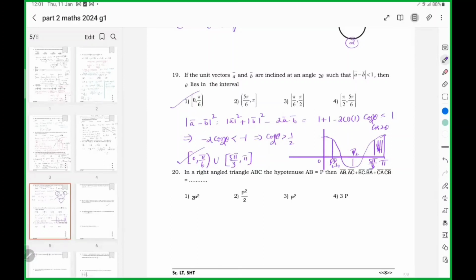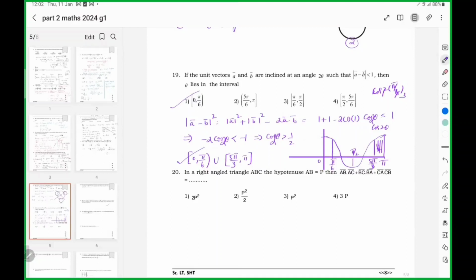2 theta must lie between 0 to pi by 6. Cos 2 into pi by 3, pi by 6, cos 60 half. When theta is pi by 3, pi by 6, and cos 2 theta will be greater than half.